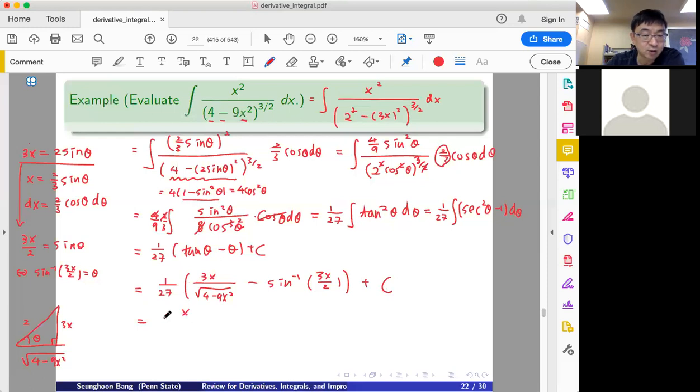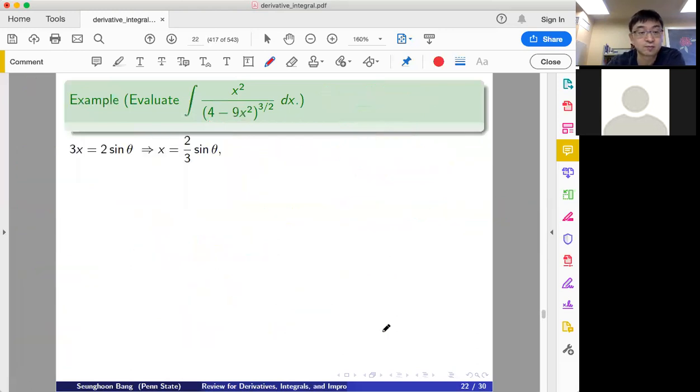We have x over 9 times the square root of 4 minus 9x squared. The 1 over 27 times minus 1 is negative 1 over 27, inverse sine of 3x over 2, plus C. That's it. This is the final answer of this question by using trigonometric substitution.